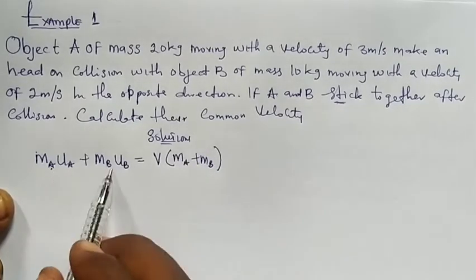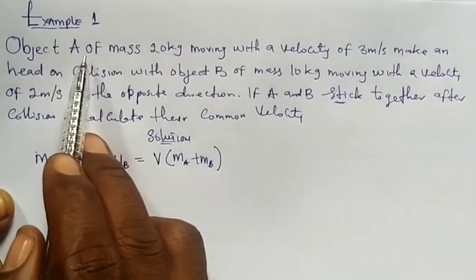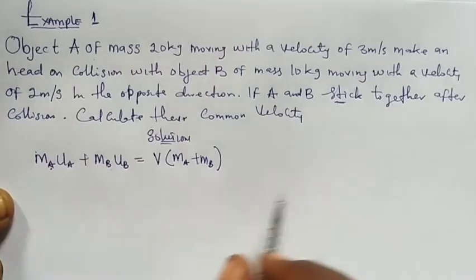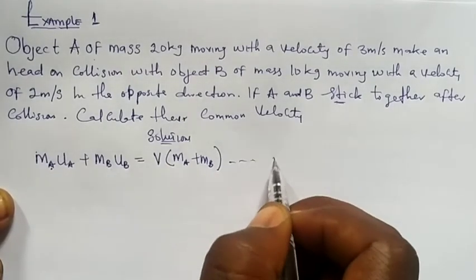Why I'm using A and B is because we're talking about two objects, object A and B.